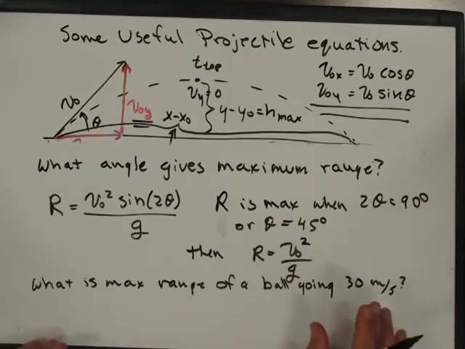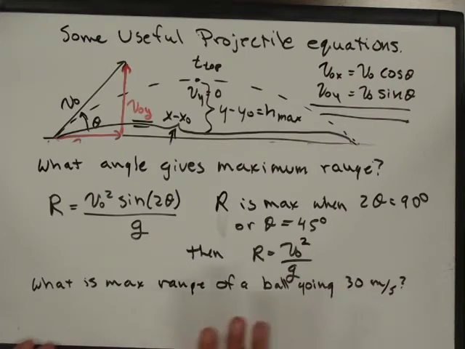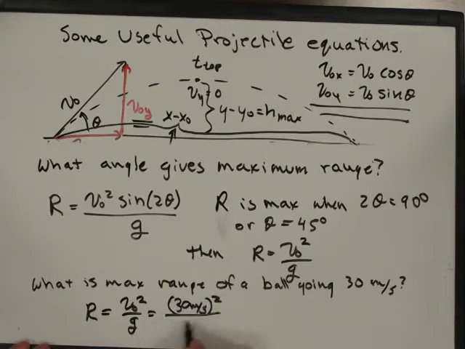Imagine I can throw a ball at 30 meters per second at any angle, right? Then, I throw it at 45 degrees, and my range is v naught squared over g, which is 30 meters per second squared over 10 meters per second squared, which is 90 meters.